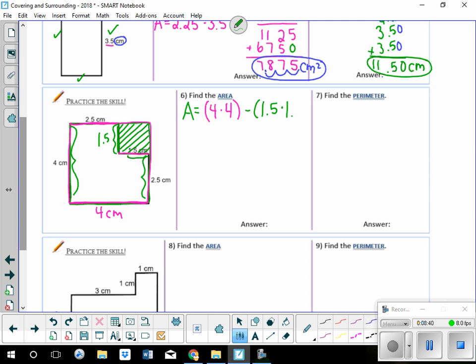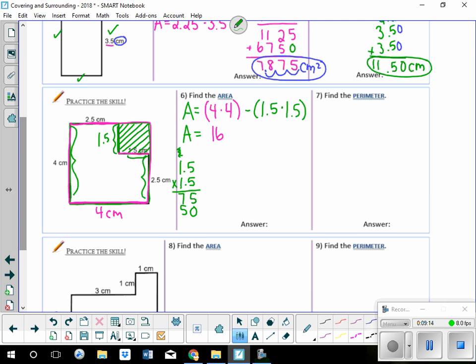Okay, so let's do our math here. So my area equals, in total, the whole big shape there was 16. Now I have 1.5 times 1.5. I'm going to do a little bit of work off to the side here. 5 times 5 is 25. 5 times 1 is 5, 6, 7. Put my 0 placeholder. 1 times 5 is 5. 1 times 1 is 1.